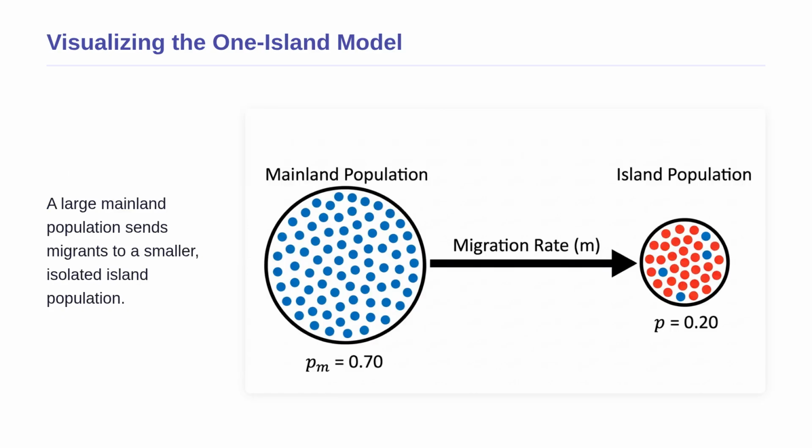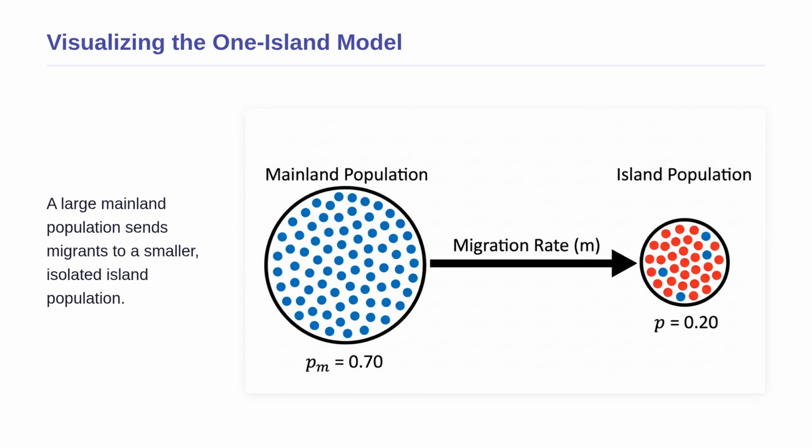Now that we have calculated the change, let us visualize exactly what is happening in the one-island model. On the left, you see the large mainland population, represented by a massive pool of mostly blue dots, indicating a high allele frequency of 0.70.